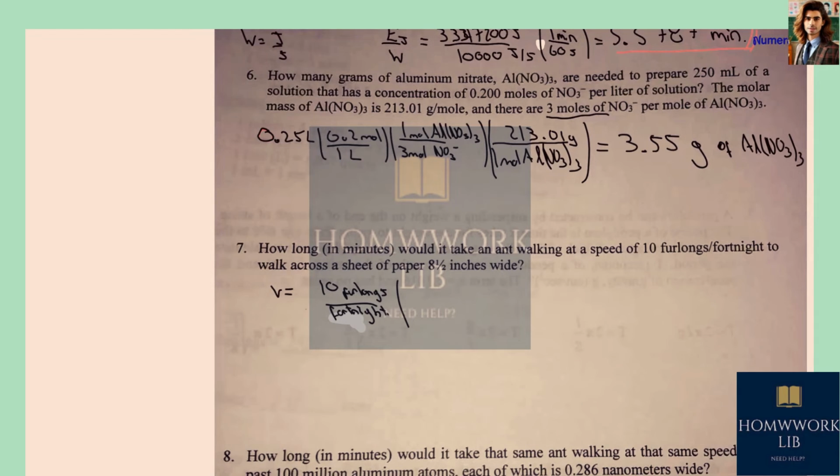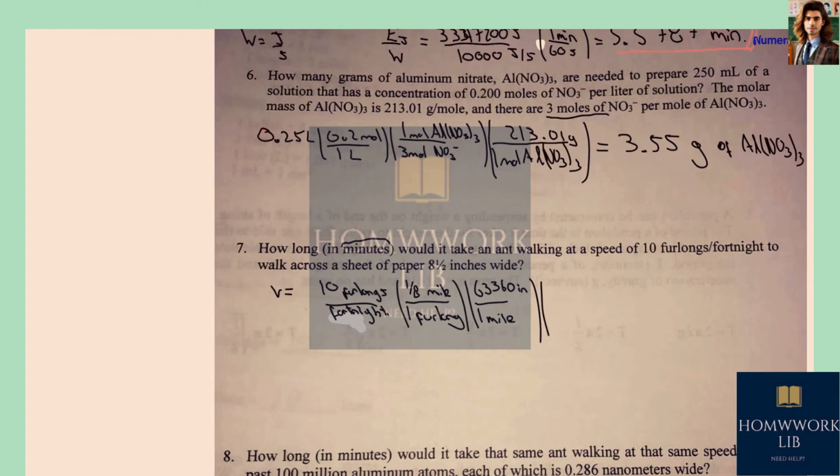The definition of a furlong is 1/8 of a mile. In this case, since the sheet of paper is measured in inches, what we want is to get something in the units of inches per minute, right? So in this case now, 1 mile corresponds to 63,360 inches.